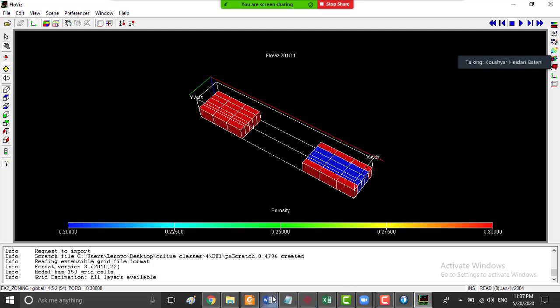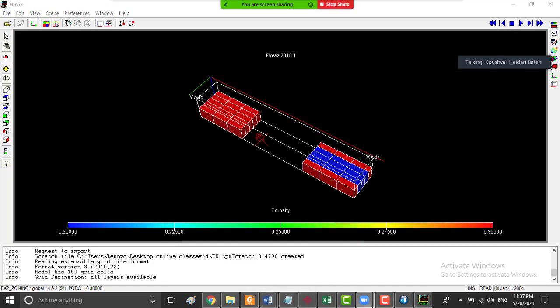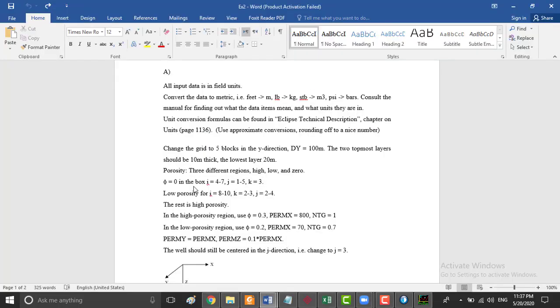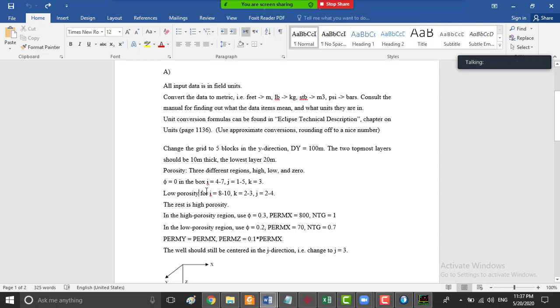Now, let us go back to the exercise. There is also a low porosity region in the second and third layer. For it, I is equal to 8, 9, and 10, and J is equal to 2, 3, and 4.